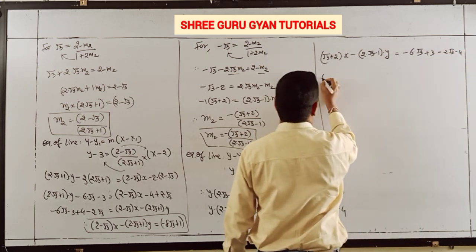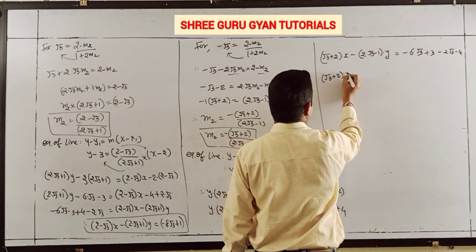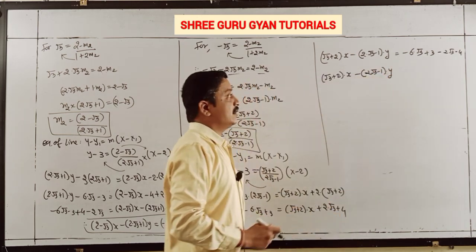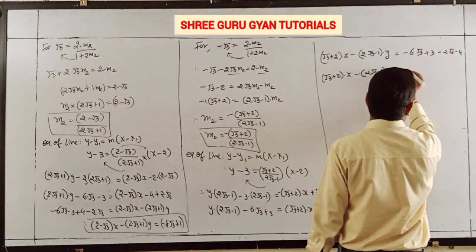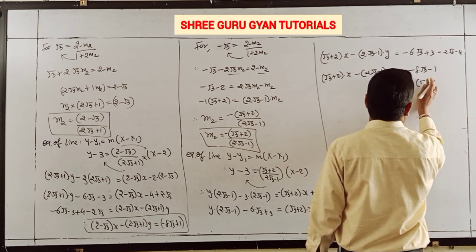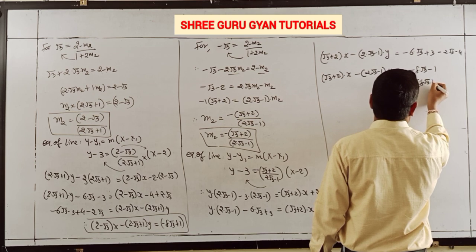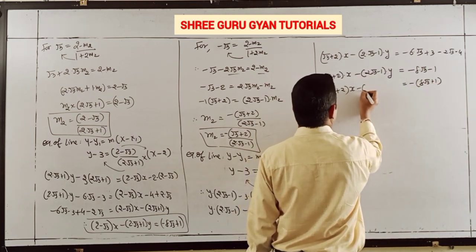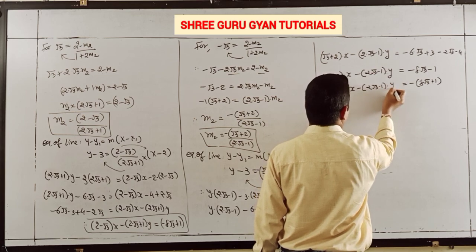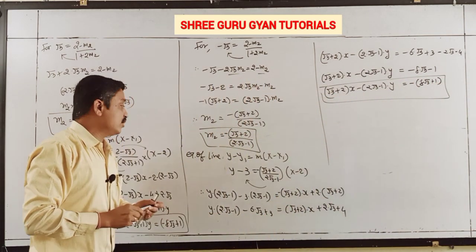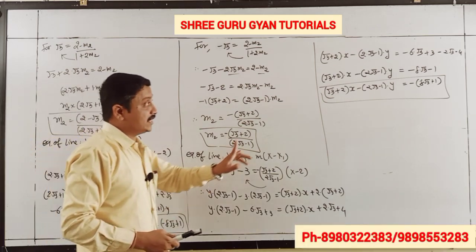Now your answer is true: (root 3 plus 2) x, (2 root 3 minus 1) y, and on this side students you will get minus 8 root 3 minus 1, minus common, 8 root 3 plus 1. And here students, your answer is done happily for the two different lines coming, this first, that second.